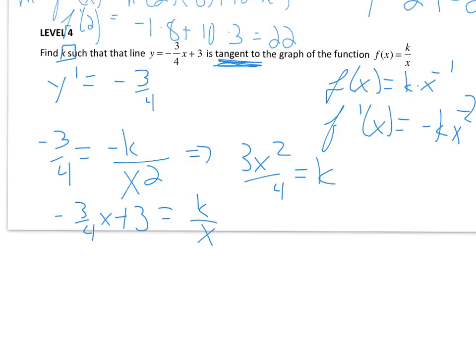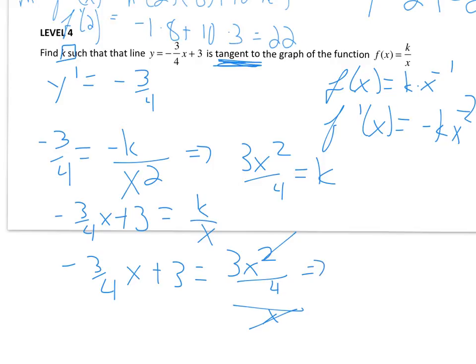So now I have the following. Negative 3/4 x plus 3 equals k, 3x squared over 4, divided by x. And if I divide by x, that goes and that goes. So now I have negative 3x over 4 plus 3 equals 3x over 4. Now I can combine the like terms with x.